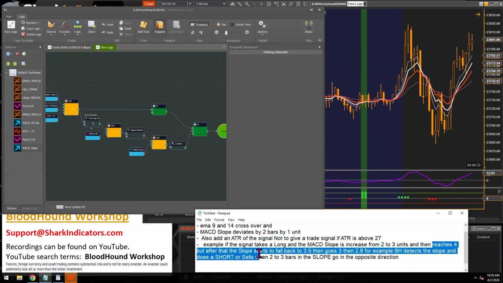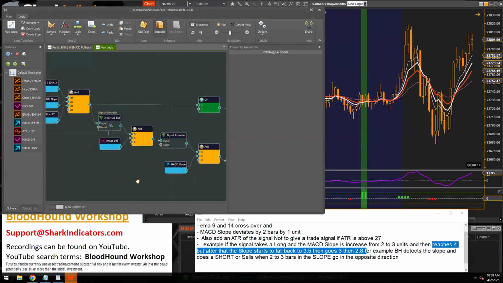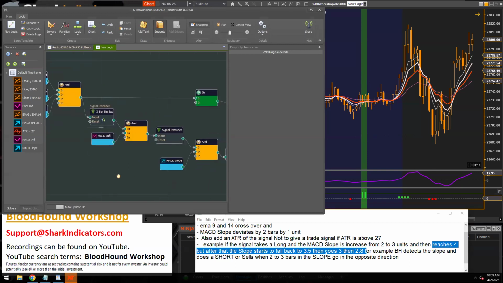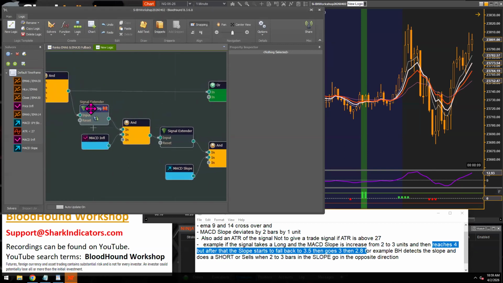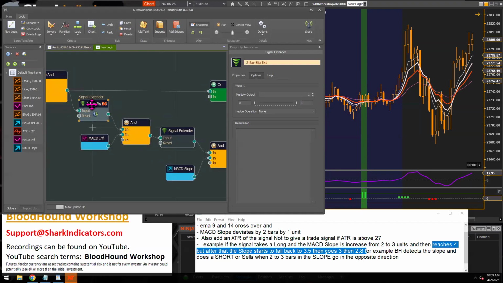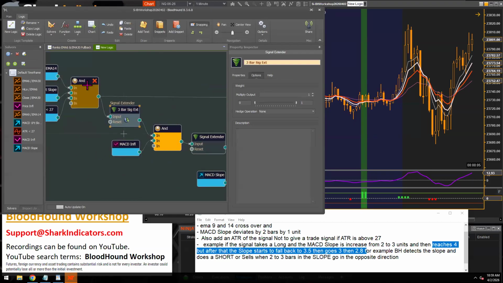Looking for that MACD to roll over, how long do you wait for that? That's determined back here by this signal extender. It's taking the initial conditions and extending it forward here.